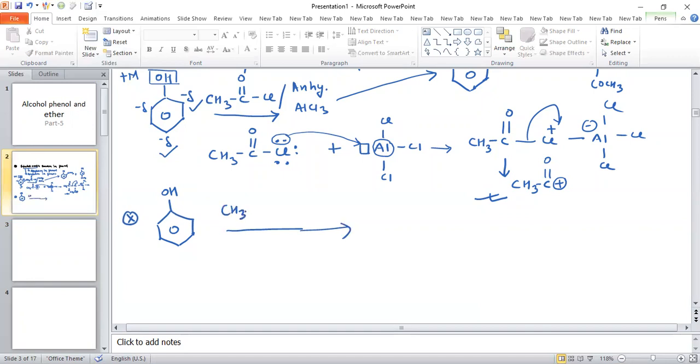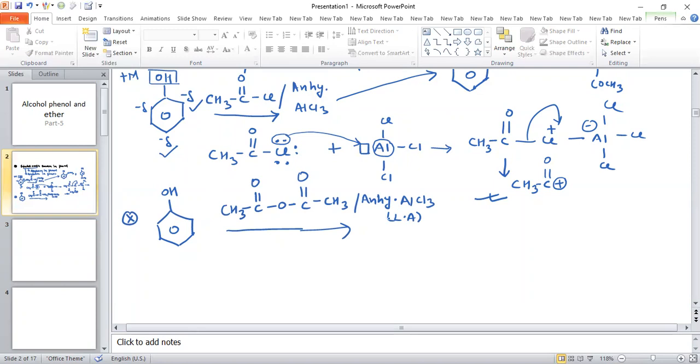So you can write CH3C=O, with oxygen, and C=O CH3, in presence of anhydrous AlCl3. This anhydrous AlCl3 is basically a Lewis acid.